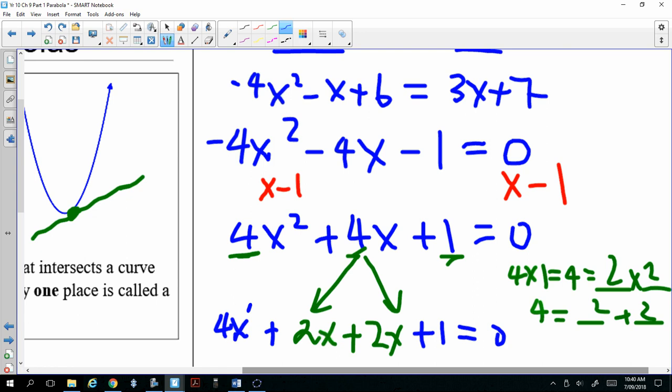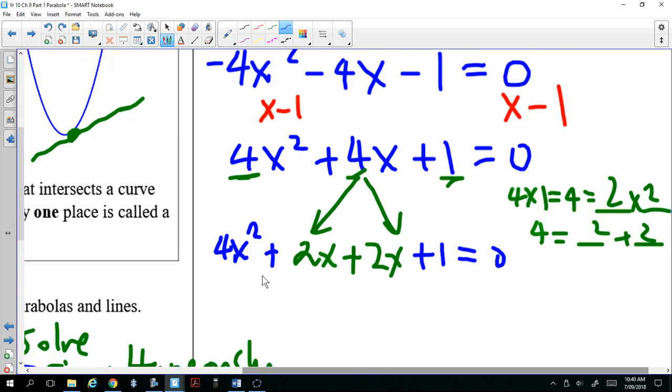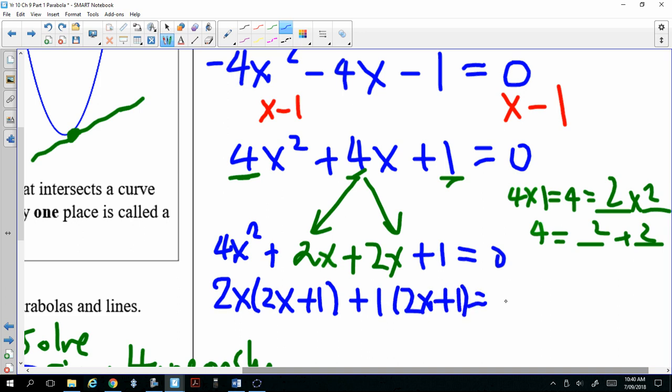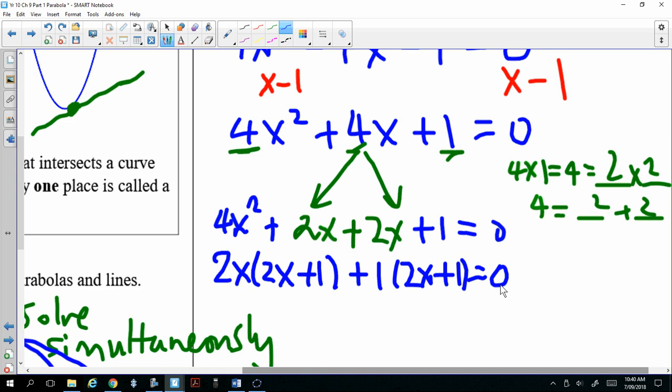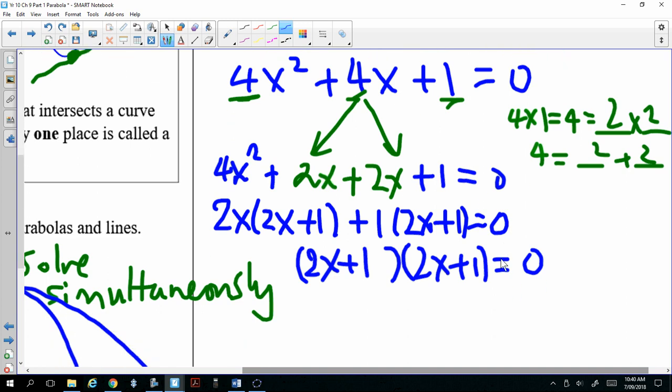Remember this method from chapter 8. We continue by factorizing in pairs, and the second one is 1, 2x plus 1 equal to 0. Therefore, we get (2x plus 1)(2x plus 1) equal to 0. They're both the same, so 2x plus 1 is 0, and x equals negative half.